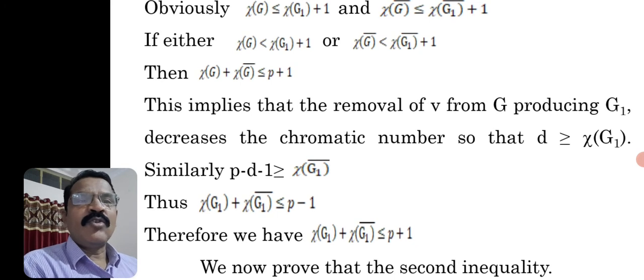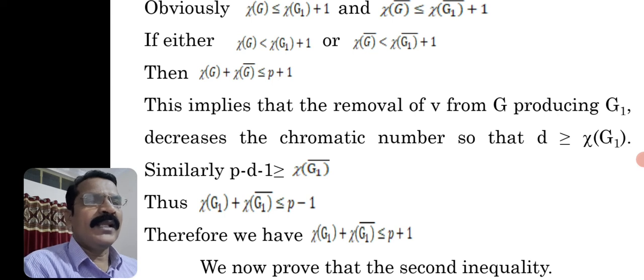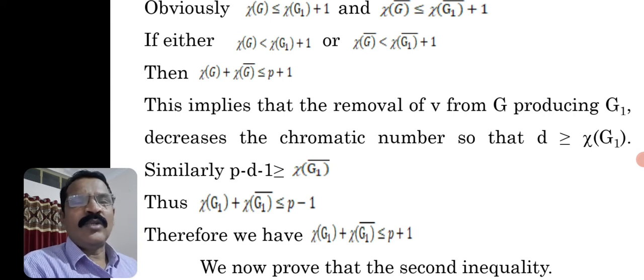This implies that the removal of V from G produces G1, so it decreases the chromatic number, so that D is greater than or equal to the chromatic number of G1. Similarly, P minus D minus 1 is always greater than or equal to the chromatic number of the complement of G1. So thus what can we conclude?